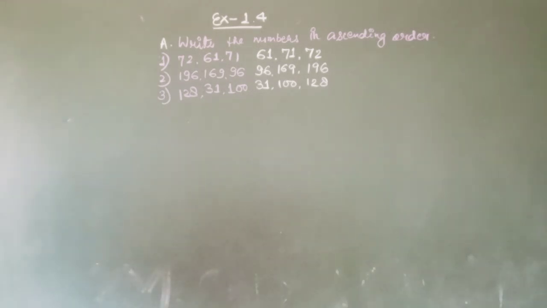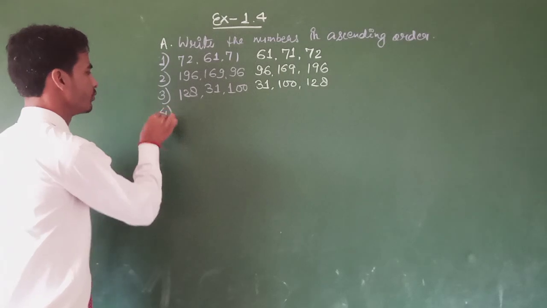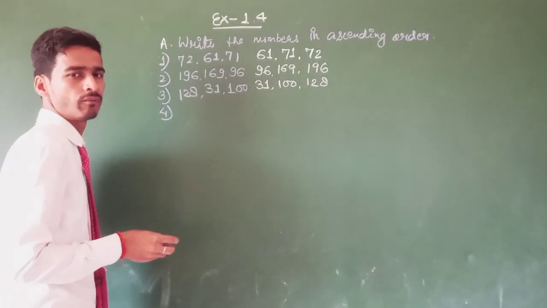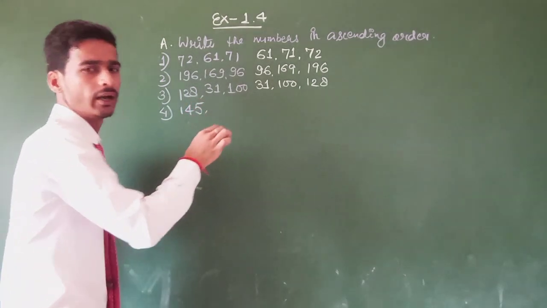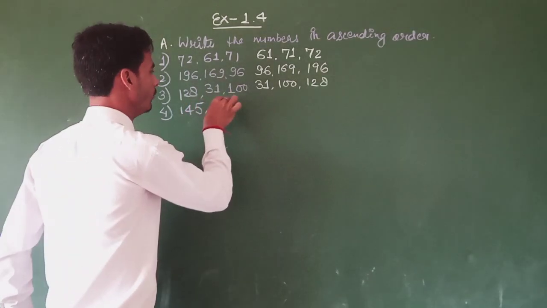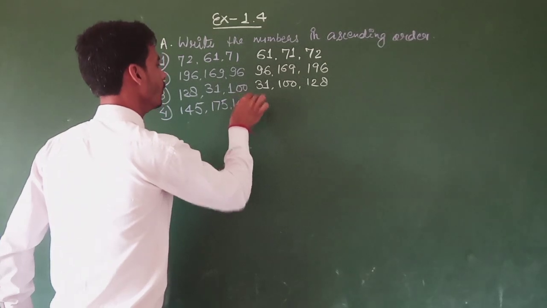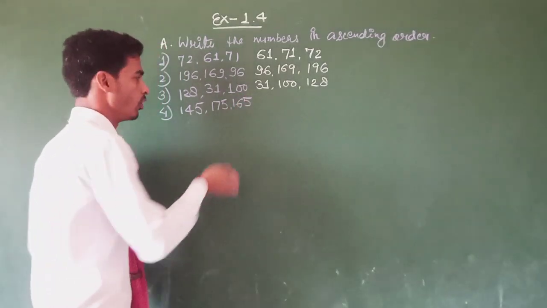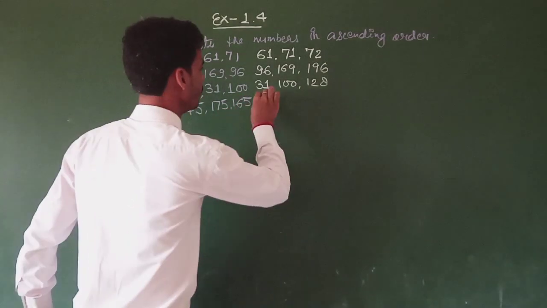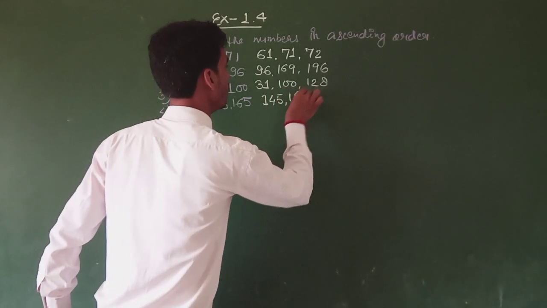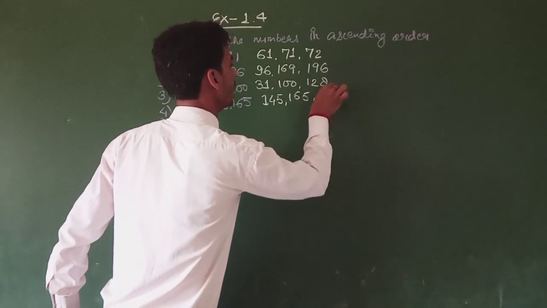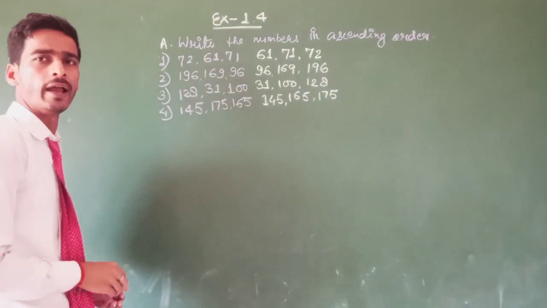Now the next question is question number 4: 145, 175 and 165. When we arrange it, the smallest number is 145. So firstly we have to write 145, 165 and 175.